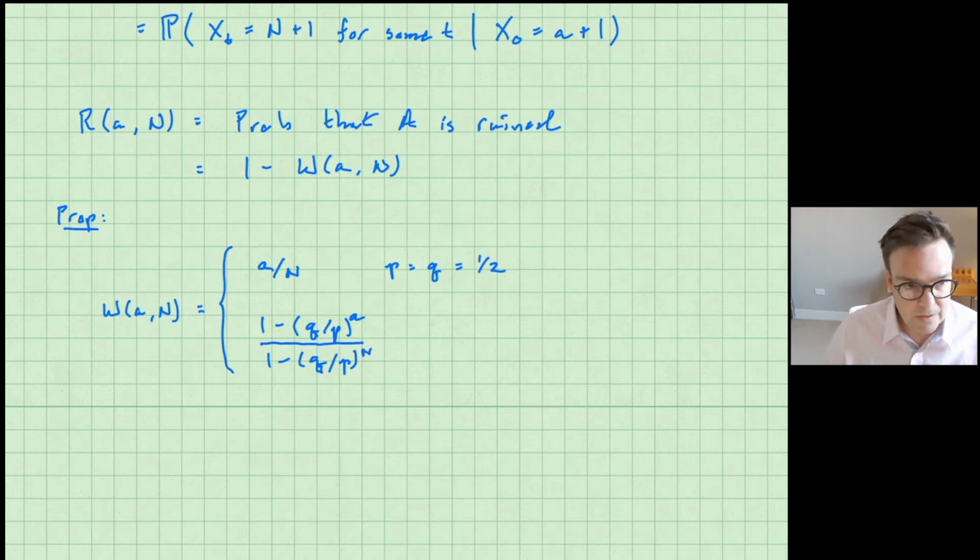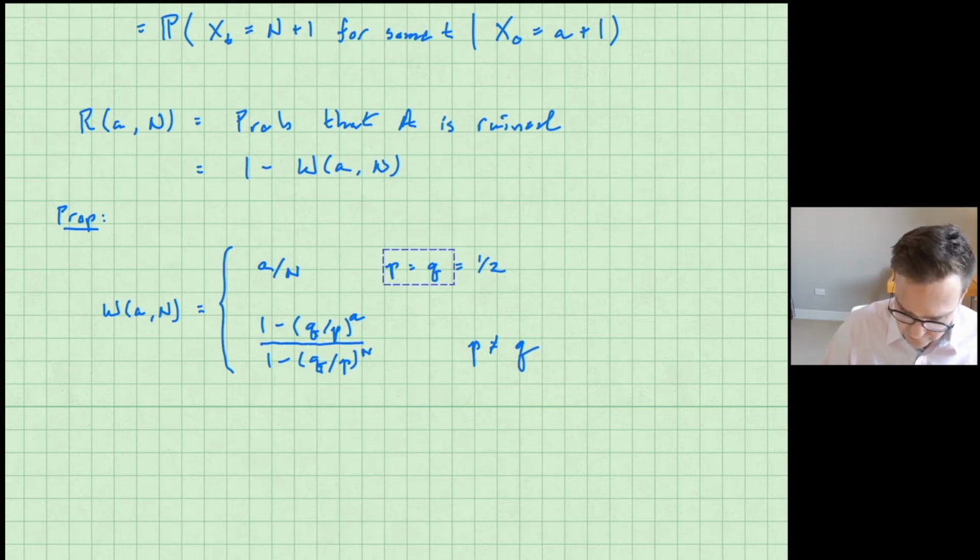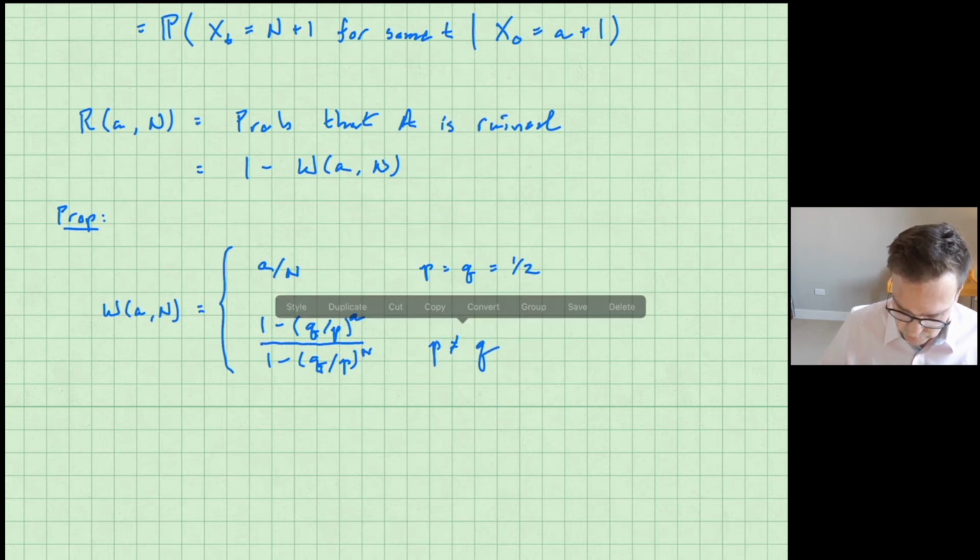Okay, and so that's the result if P is not equal to Q. And so this is the claimed result for how this thing goes, and we'll work it out.